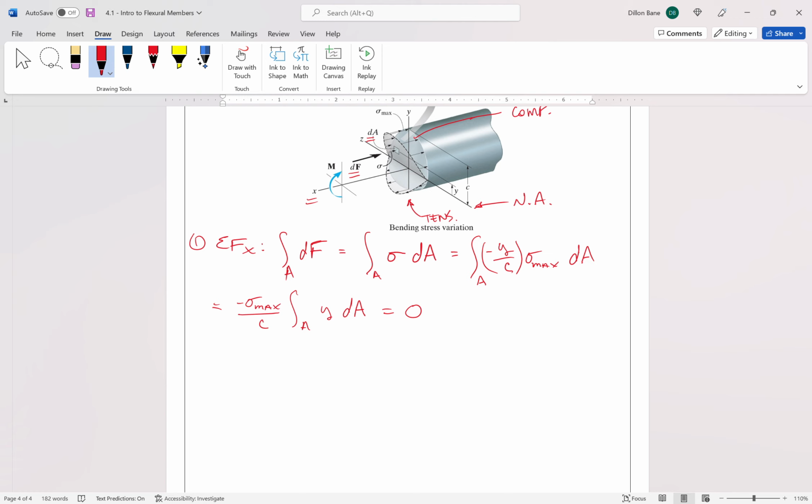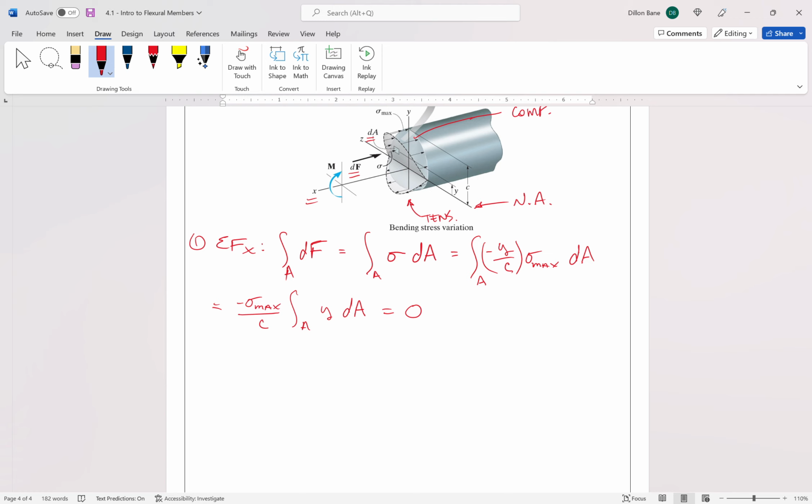Looking at this equation, I've got one term of negative sigma max over c, and the other term, the integral over A of y dA. When we multiply these two terms together, they've got to equal 0. Mathematically, one of these two terms has to equal 0 for this equation to be satisfied.